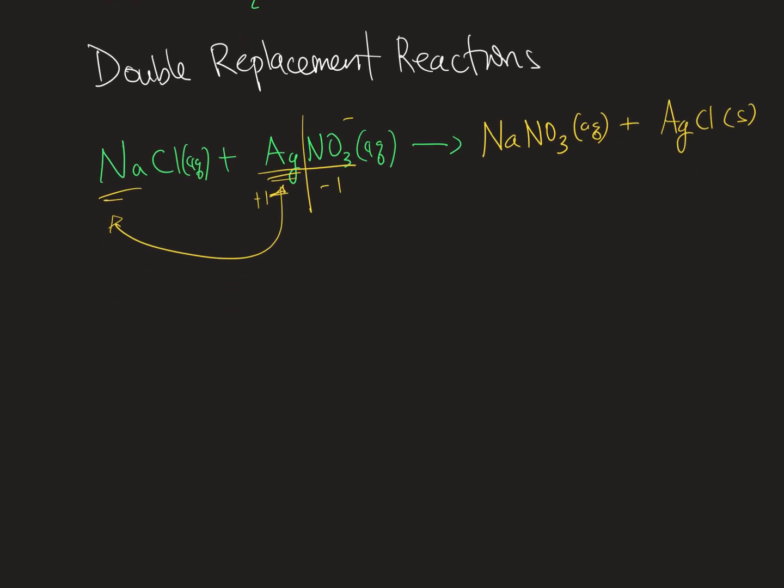All right, there are two types of double replacement reactions. We've got precipitation reactions and acid-base. So let me show you an example of each.